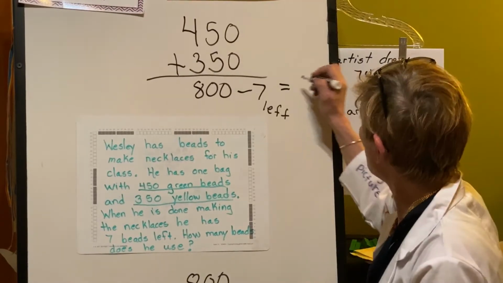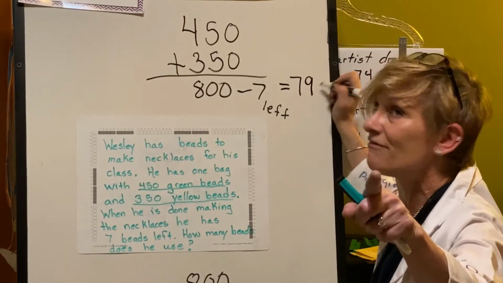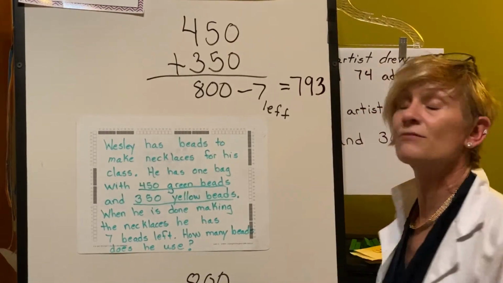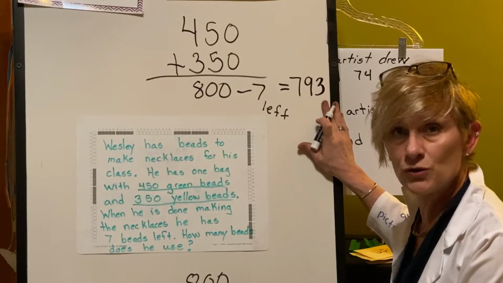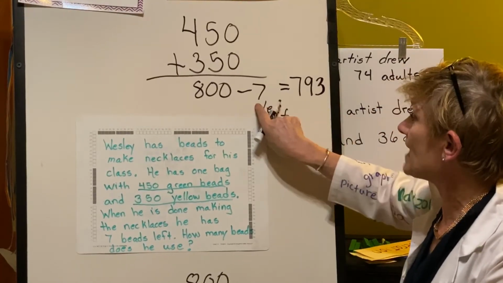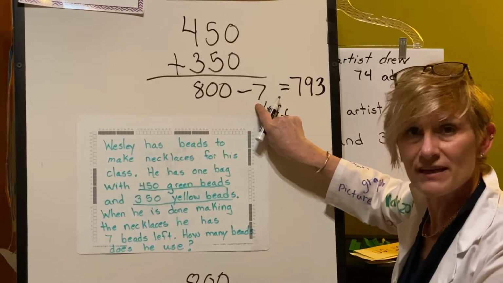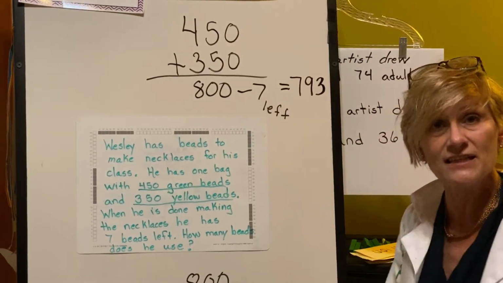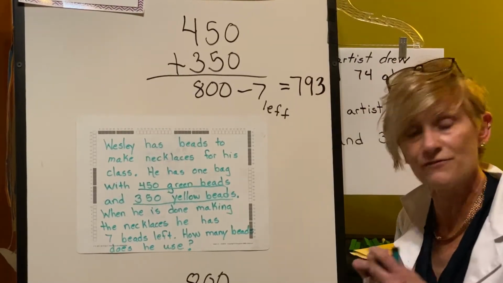I hope so. 790. Very good. 793. That is how many he used because they said he had 7 left. Very good. Guys, this is a challenging one. I think it can be a little bit challenging for some.